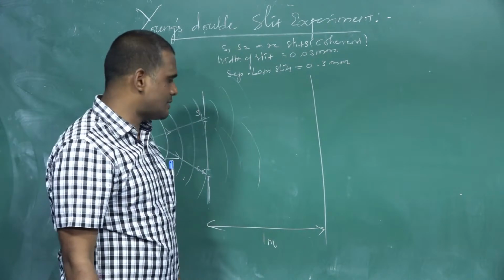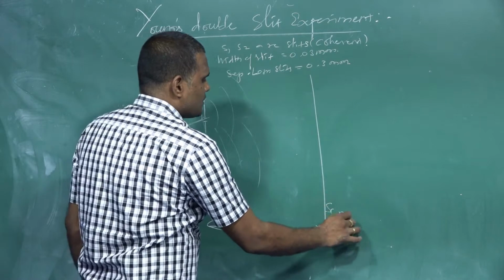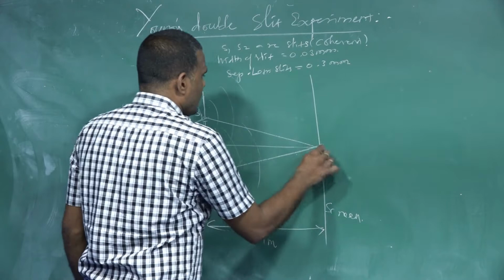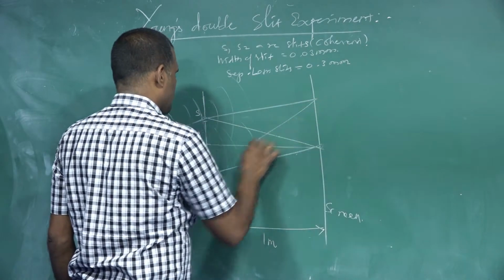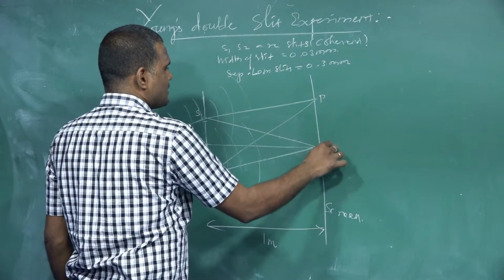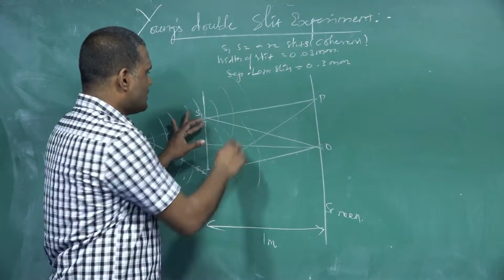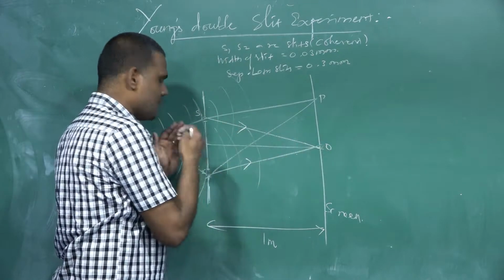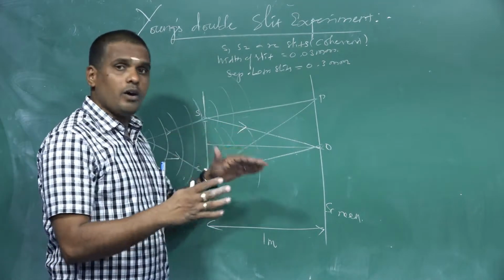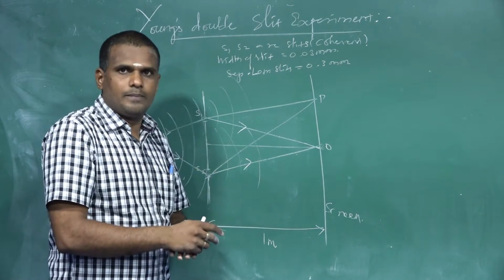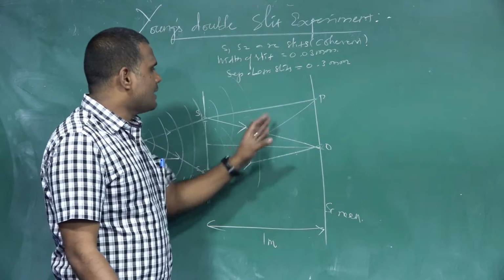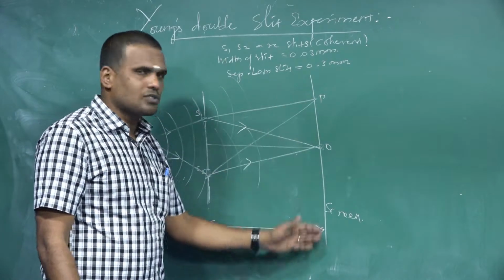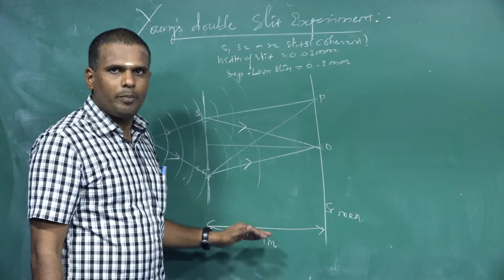As the waves spread out behind the slits S1 and S2, they superpose one over the other, and they form alternate bright and dark fringes on the screen placed at a distance of 1 meter.